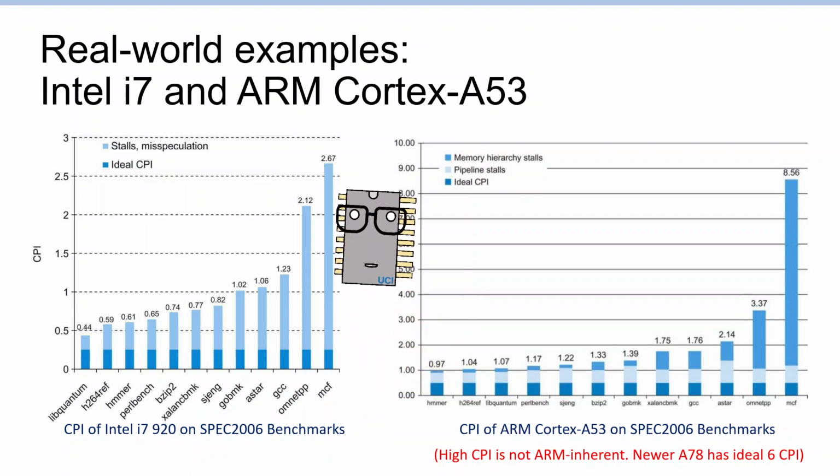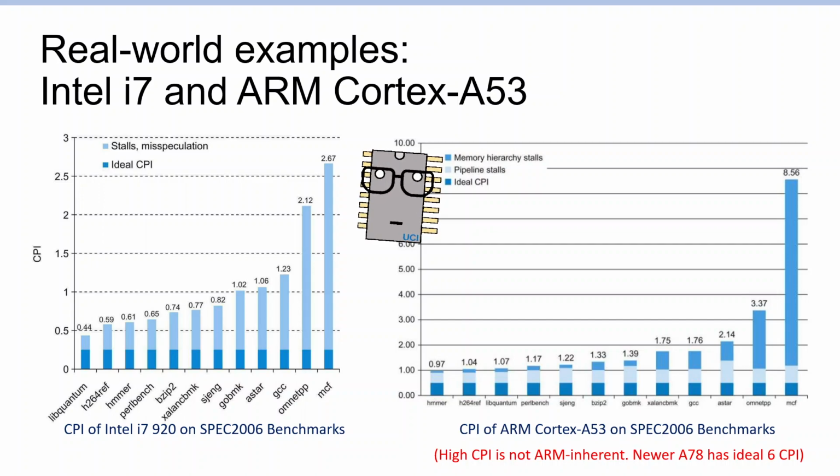But in reality, at least in the benchmarks which were run on this processor, the actually existing ILP appears to be much lower than the ideal 4x. So that's kind of what we're dealing with here.